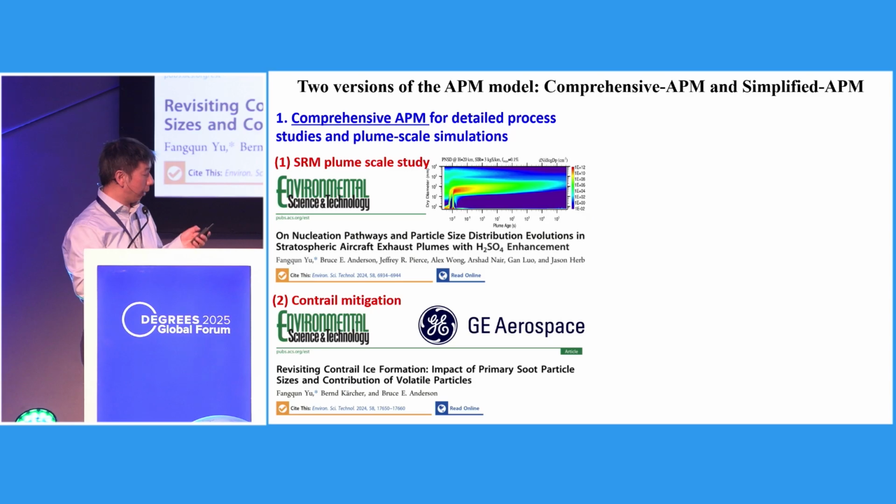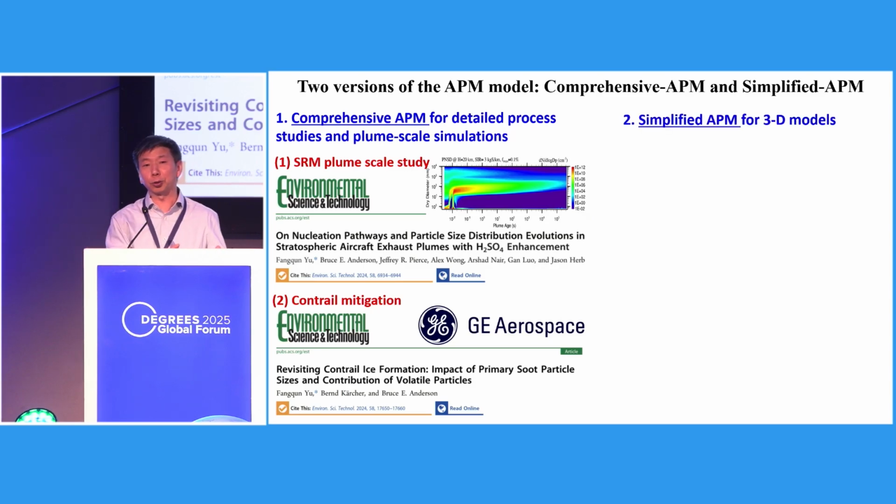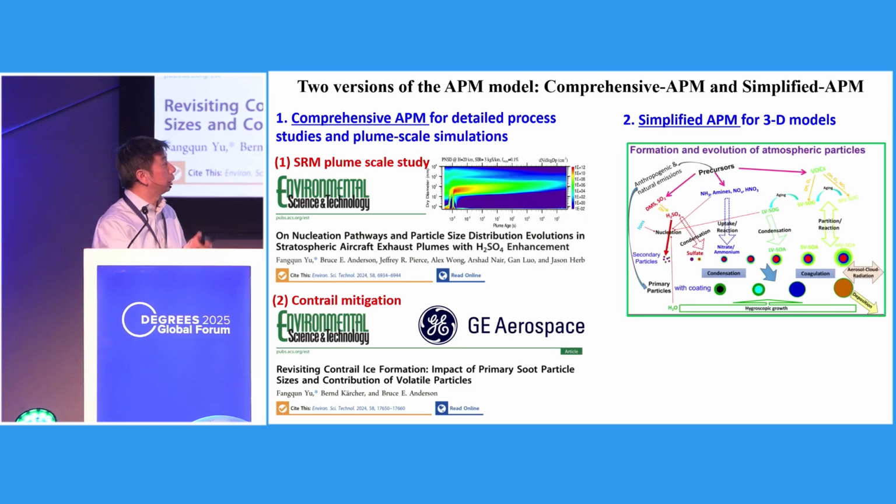We also have a simplified APM sectional model for the three-dimensional models. That model has detailed processes. I do not have time to get into the detail, but we separate secondary particles from the primary particles, like black carbon, organic carbon, sea salt, and dust.